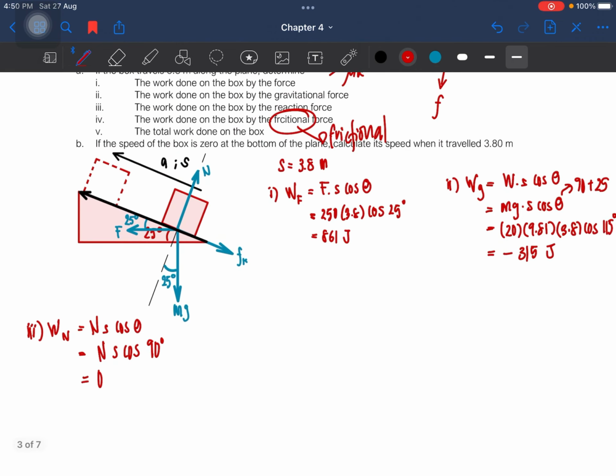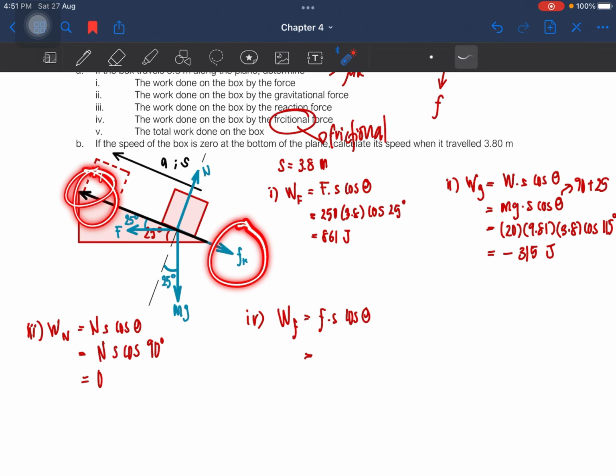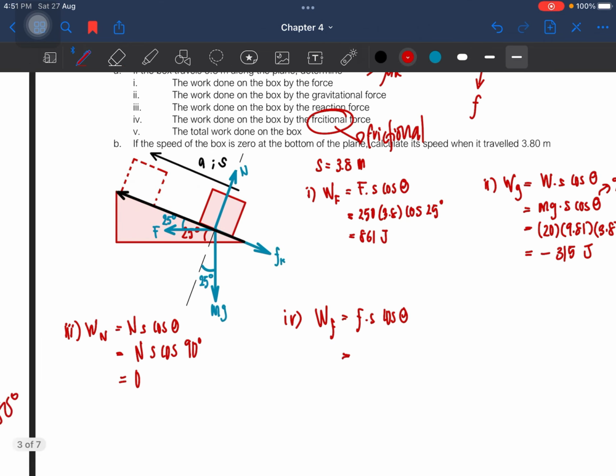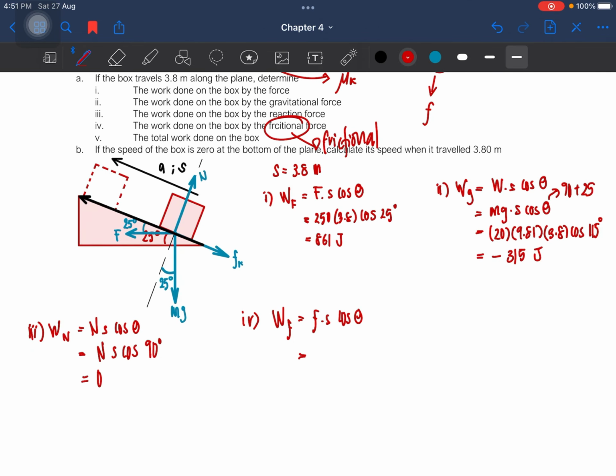And then the fourth question is the work done by the frictional force. So the work done by the frictional force, W_f, is F s cos theta. Now the angle between the displacement and the kinetic friction force is 180 degrees. F is mu_k N, so mu_k N s cos 180 degree.